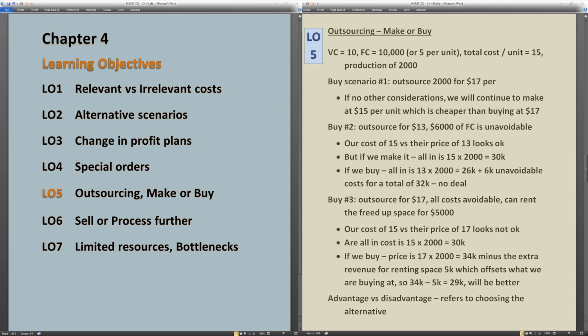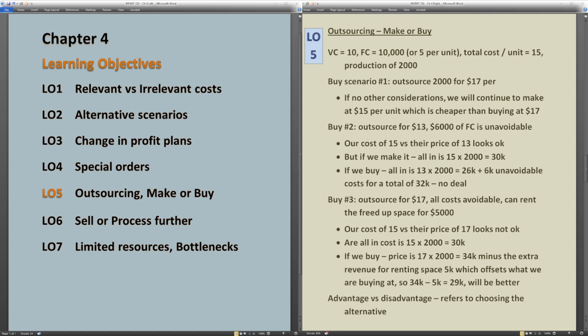So if we say we can buy it from the vendor for $13, but we still have to take care of $6,000 of unavoidable fixed costs, that's going to be $13 per unit plus this $6,000. That would be alternative 2, right? Alternative 1 is we make it for $15 times 2,000, or $30,000.